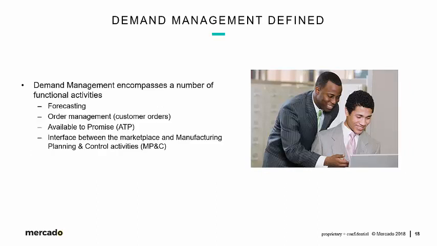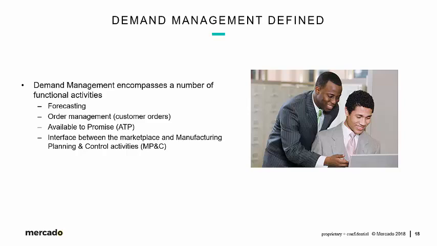As we've seen previously, demand management basically encompasses 4 functional activities. We've talked a lot about forecasting. We'll continue to do that. We've talked a lot about the actual receipt of customer orders, what we refer to here as order management. In future modules, we'll talk more about available to promise, but that is essentially the allocation of finished goods to specific customer orders.